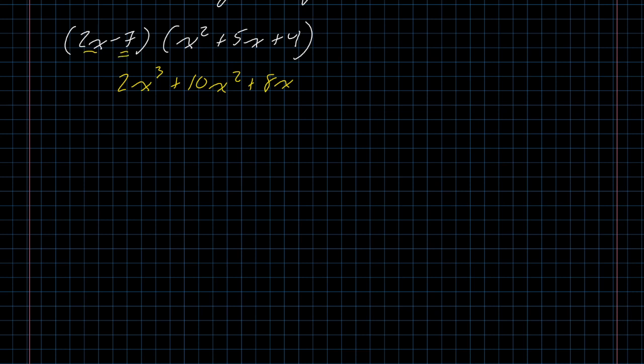Then I'm going to take my second term, but instead of continuing on the same line, I'm going to go down to the next line, and I'm going to move over one space to multiply negative 7 times x squared, which is negative 7x squared. Negative 7 times 5x, which is minus 35x, and negative 7 times 4, which is minus 28.